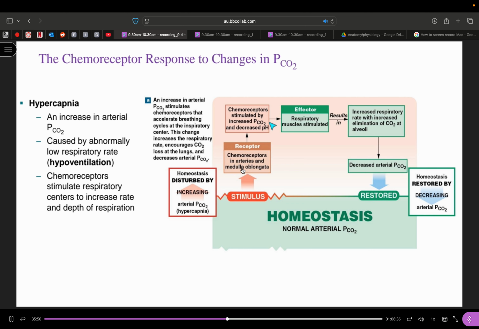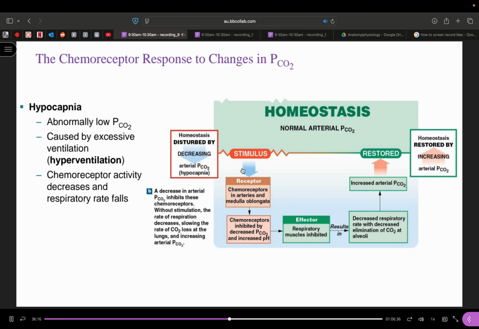Because you're getting too many protonated hydrogens that are a byproduct of the breakdown of CO2. You don't need to know that. That's just a bit of an odd fact. The effector is your respiratory muscles get stimulated, and then they cause increased expiration of carbon dioxide, and that basically will restore the balance.